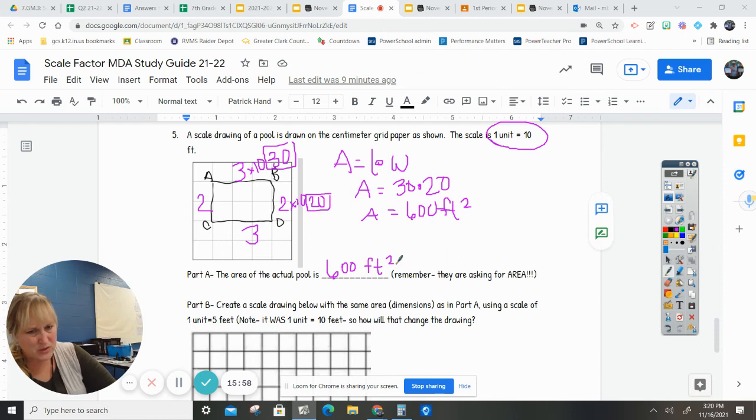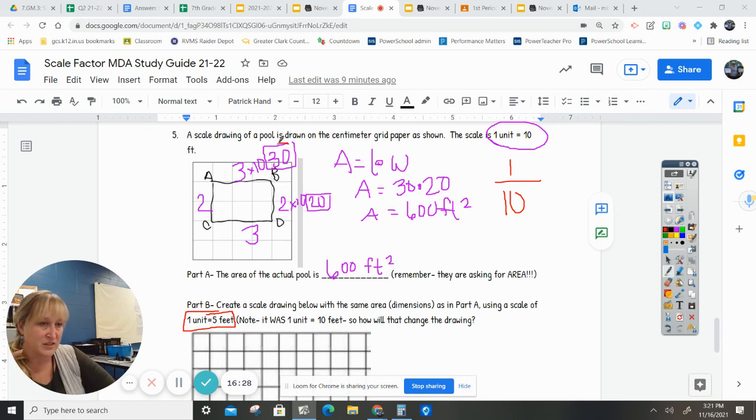Now the second part is where you get to draw, but the part that I find a little interesting is the fact that this one is, you change color, 1 to 10. So my 3 units stands for 30. Okay. They want it to be 1 unit equals 5. So that changes things. Okay.